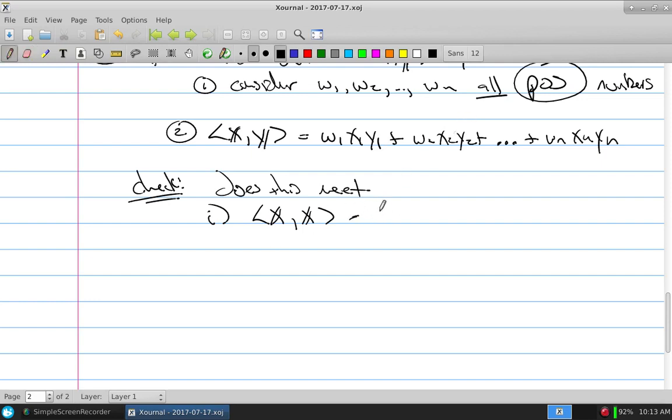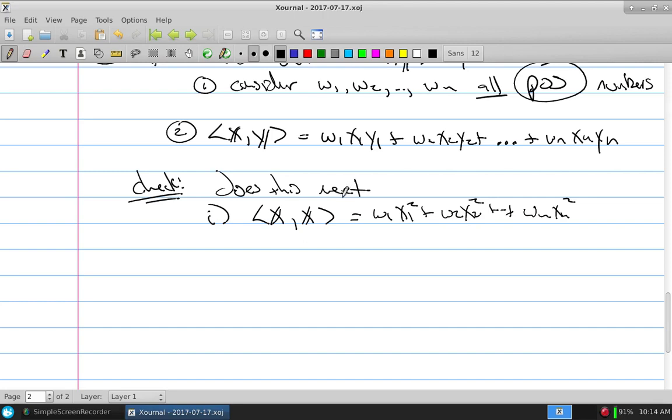This is equal to w1 times x1 squared plus w2 times x2 squared plus everything up to wn times xn squared. Now, is that a positive number? Yes, I don't care what x is. x1 squared is going to be positive, right? Is x2 squared positive? Now, did I pick weights that were all positive? Yes. So what are all these numbers? Positive.